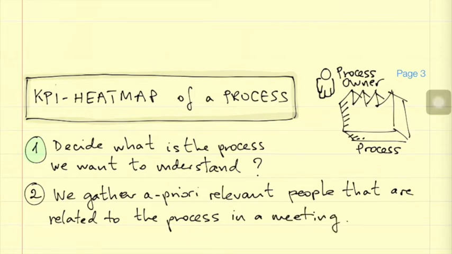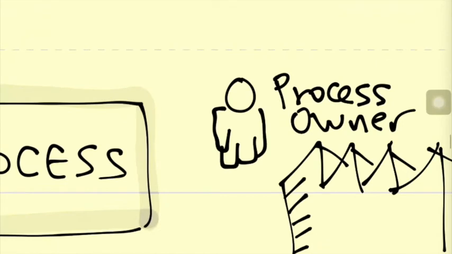So people that are a priori important to the factory process are gathered together in a meeting.